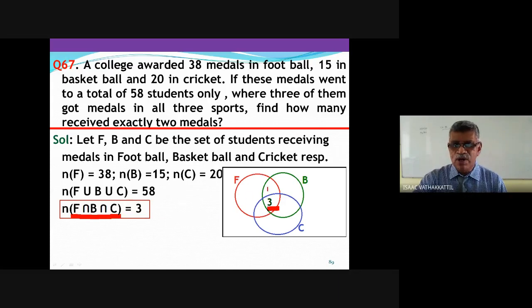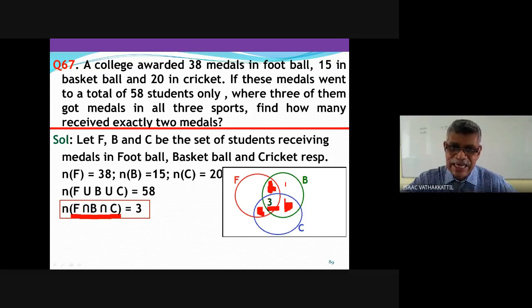Further, number of F intersection B, we do not know. We do not know how much here. So shall I call this A, and this B, and this C? That means my A will be the number of children who got medals in football and basketball only.